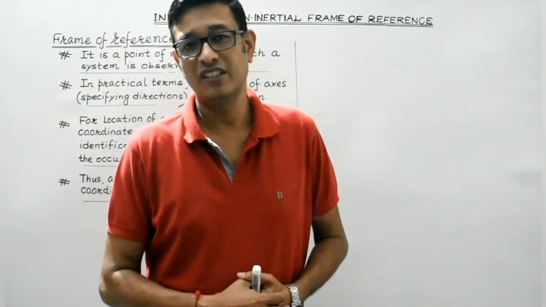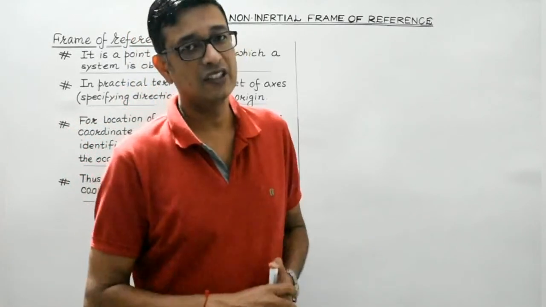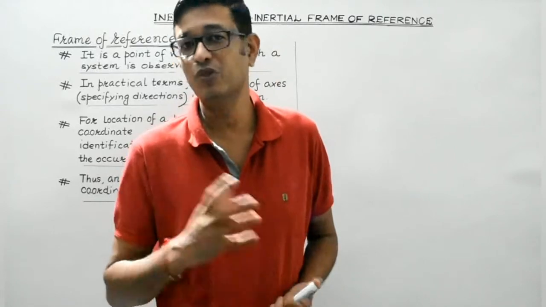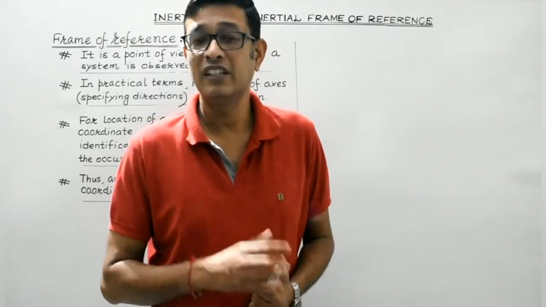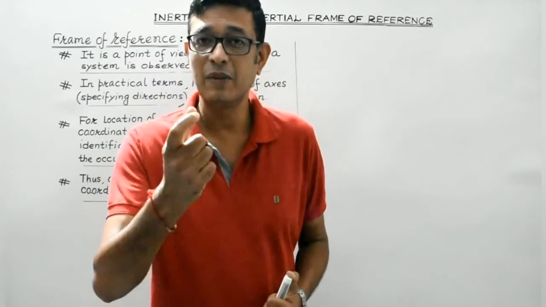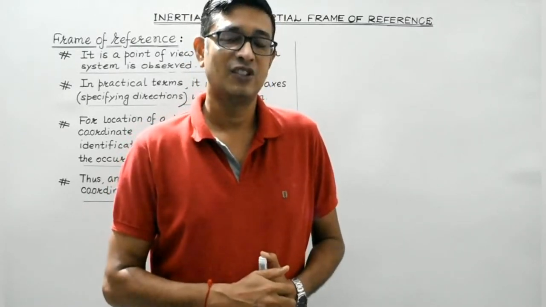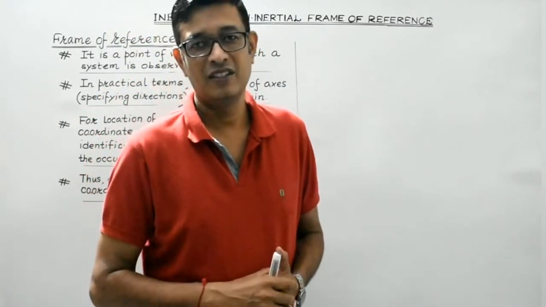Today we are going to discuss a very interesting topic, which is the frames of reference, the types of frames of reference, the inertial, the non-inertial frames of reference, right? So first and foremost, we will discuss what a frame of reference actually is. Students, a frame of reference is actually a point of view.